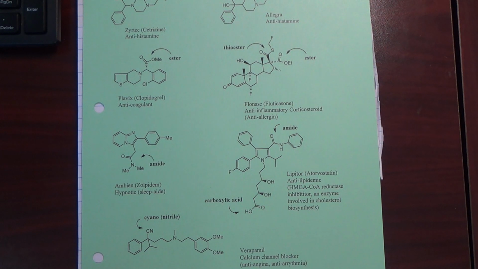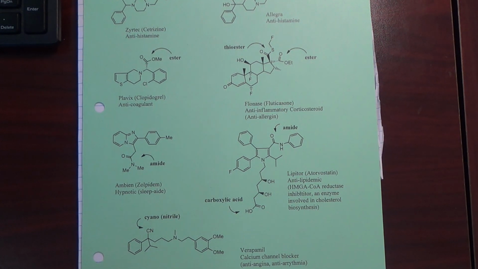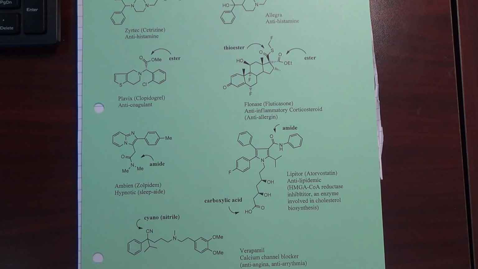Aldehydes and ketones are not carboxylic acid derivatives. We will cover the chemistry of those two functional groups during test 4. The chemistry of aldehydes and ketones is a good bit different than the chemistry of acid derivatives.